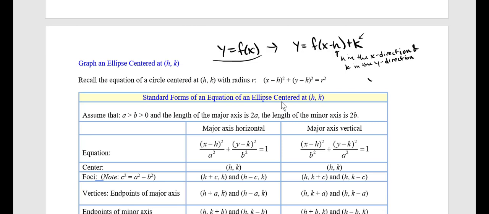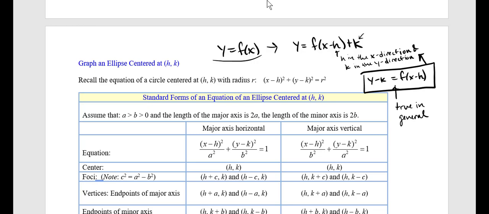But notice that's just saying that y minus k equals f of x minus h really is implying those same transformations to graph something of this form, which is really just what we started with, y equals f of x, just with an h subtracted from the x and a k subtracted from the y. This is true in general for equations. Whatever you're subtracting from your y value in your equation, you're shifting that many units in the y direction.